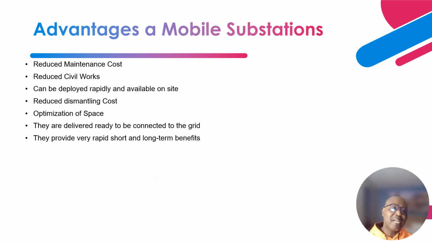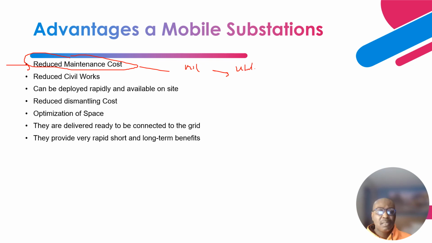So now let's talk about the advantages of a mobile substation, right? Okay, so what does it do? Reduce the maintenance cost, right? Basically, the reason being that sometimes I've seen mobile substations, mobile transformers being integrated to a main substation for longer periods, right?